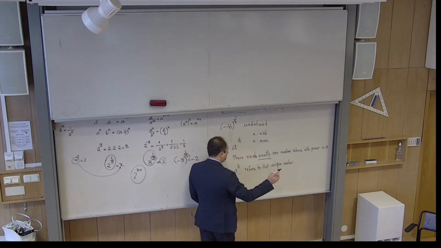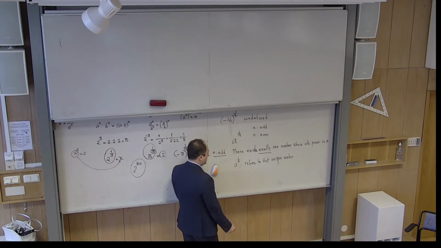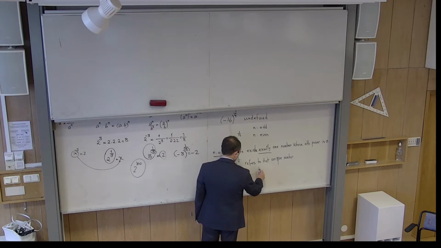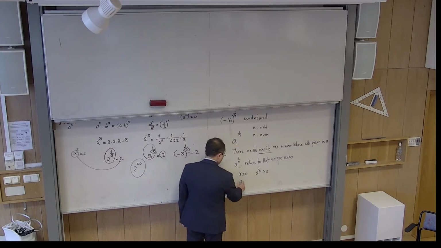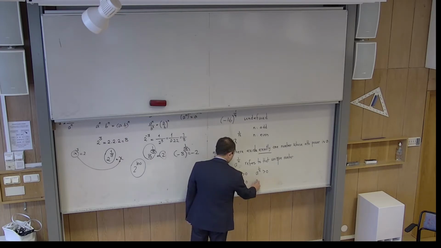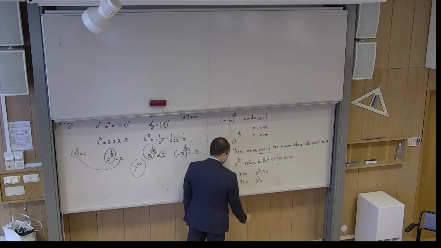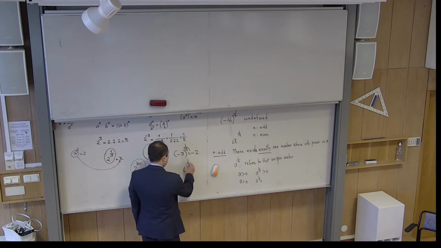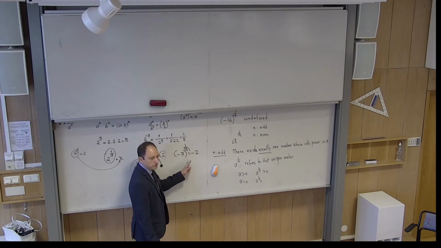So let me emphasize a little bit more. Of course, if a is positive, a to the power of 1 over n is also positive. If a is 0, by the way, can you tell me what happens? If a is 0, 0 to the power 1 over 3, for example, is asking you, give me the number whose third power is 0.